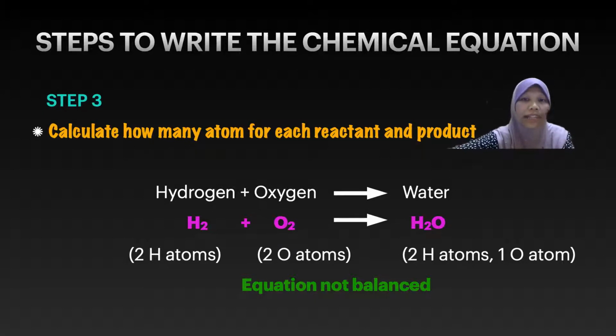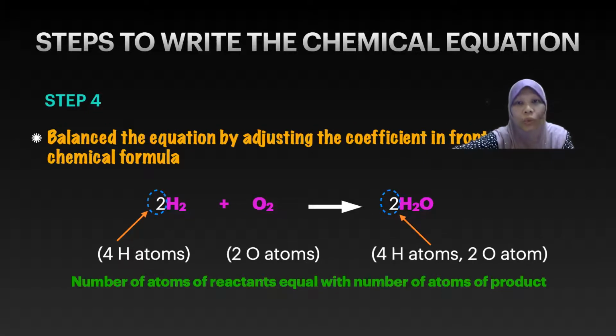So when you look at the reactant and also the product, the equation is not balanced. Because the reactant has 2 hydrogen atoms and 2 oxygen atoms, but the product has 2 hydrogen atoms but 1 oxygen atom. So what do we need to do?